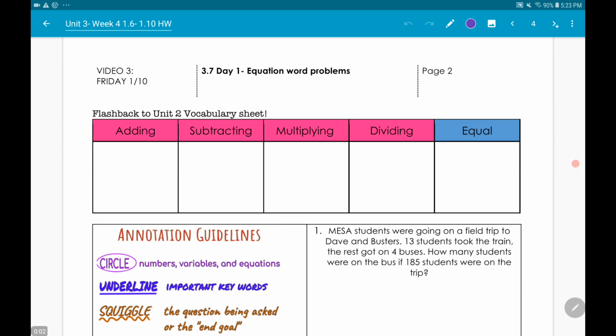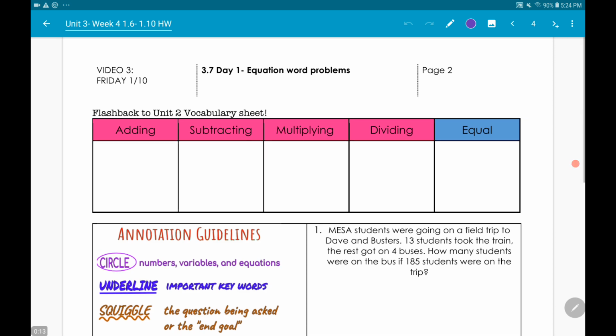Guys, before we begin this video on equation word problems, I want to flash back to the Unit 2 vocabulary sheet, and I want to talk about some key words for adding, subtracting, multiplying, and dividing. Some key words for adding would be sum, plus, increased. Subtraction could be difference, reduce, decrease.